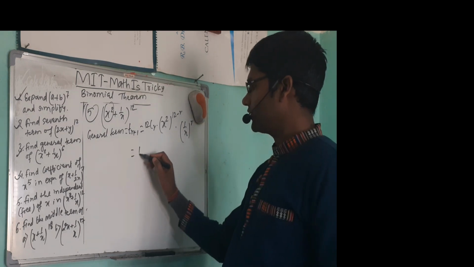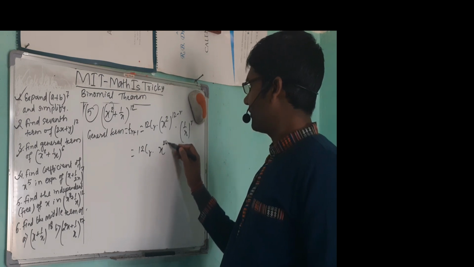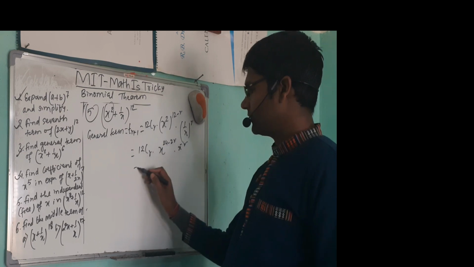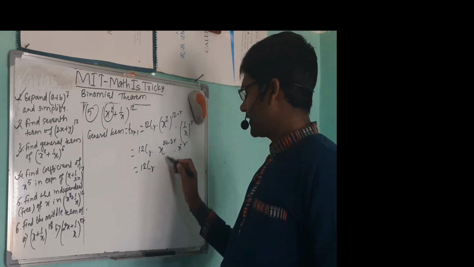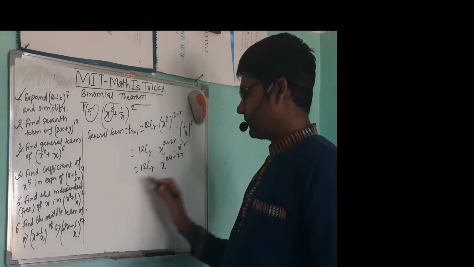So let's simplify this: C(12,r) times x^(24 minus 2r) x^(minus r), so it gives C(12,r) times x to the power 24 minus 3r.